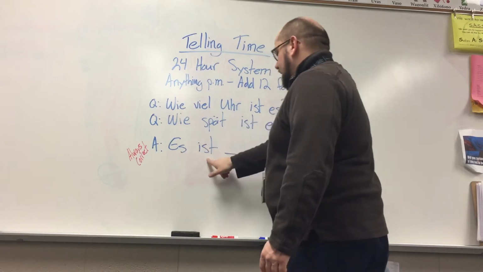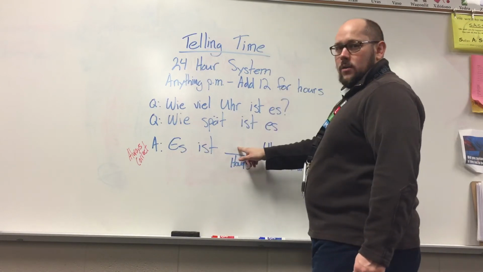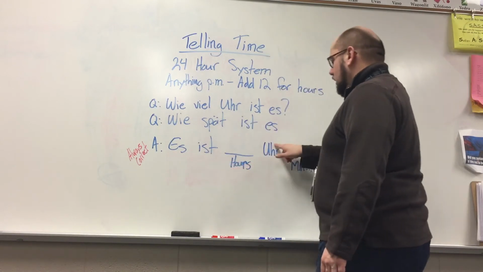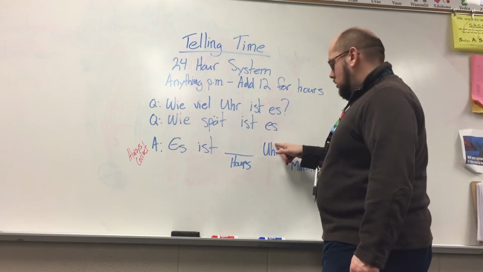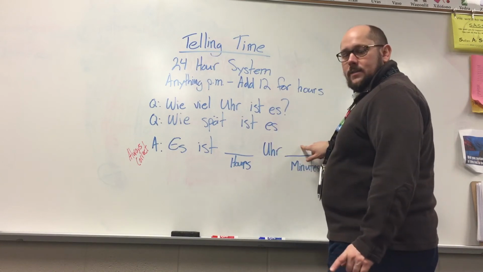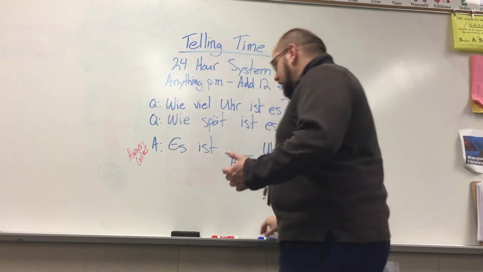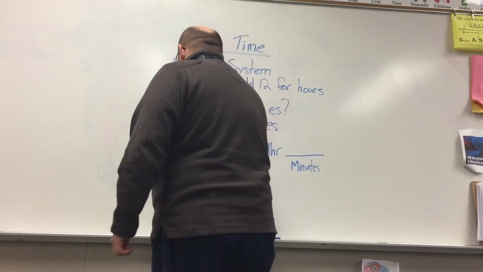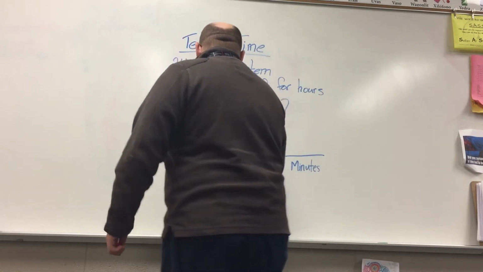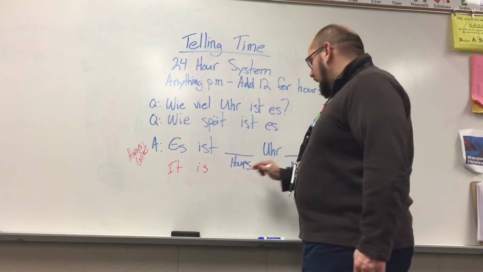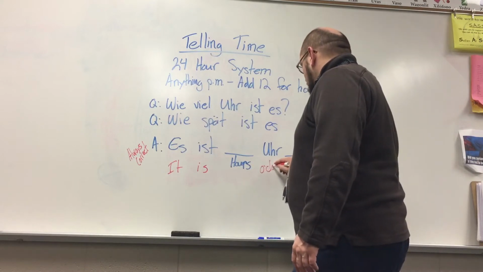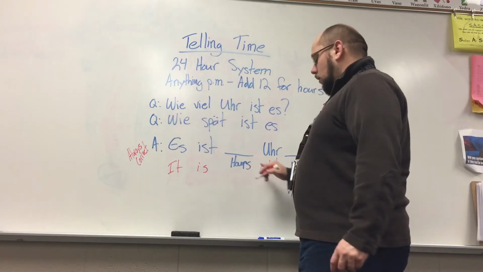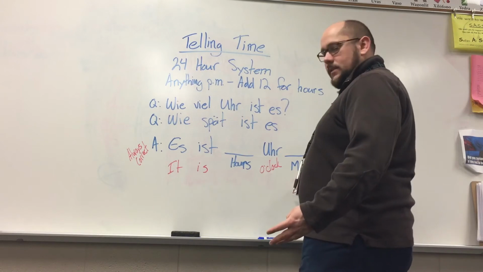We say es ist, we put the hours, in German of course, the word Uhr, and then our minutes. If we translate that, we're saying it is however many hours, o'clock, and then our minutes.